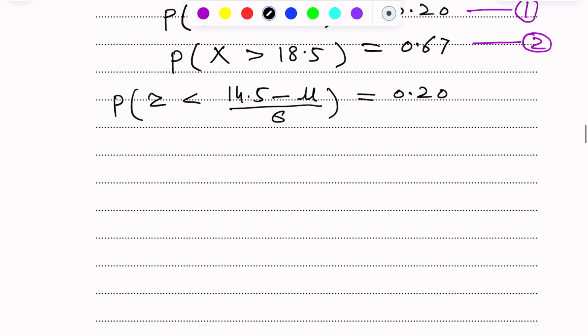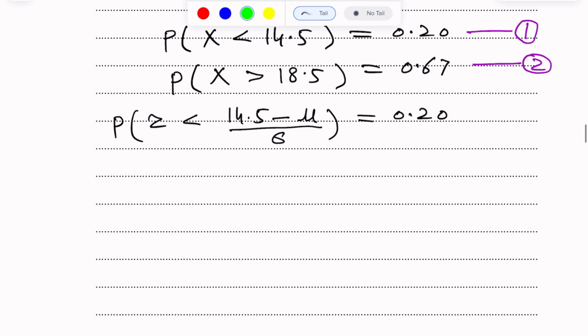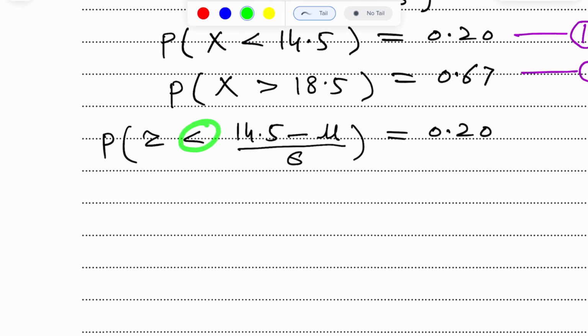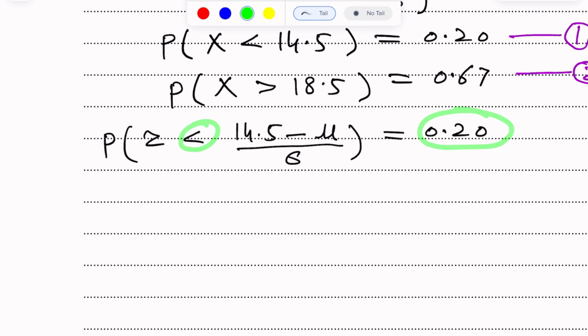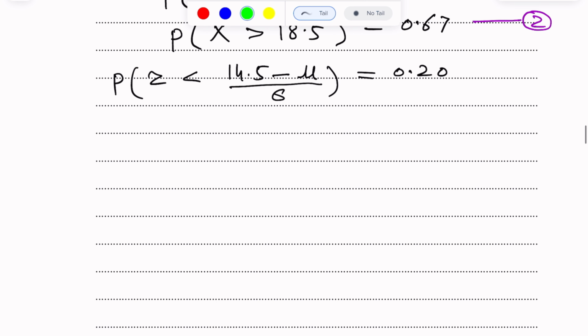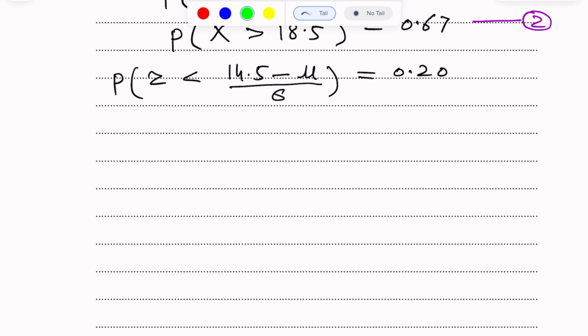Now we will simplify it. This is a very important question. There is a less than sign, and the probability is less than 0.5. To adjust this we will use the symmetric property, by taking help from the normal distribution graph.